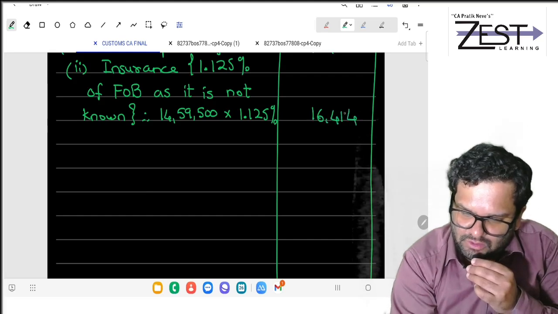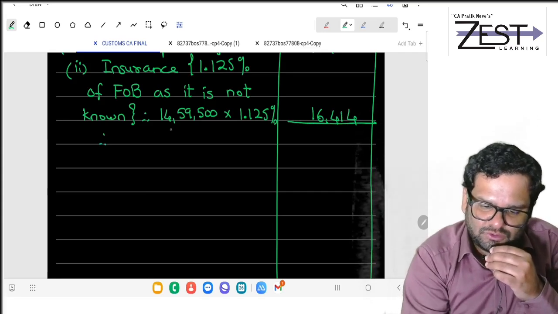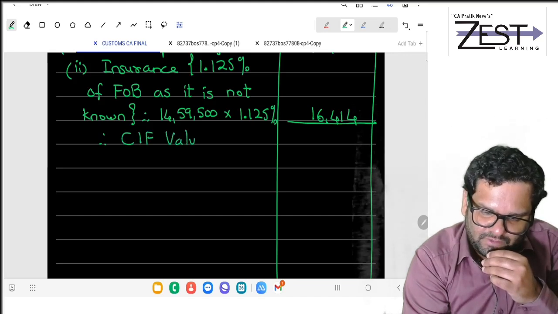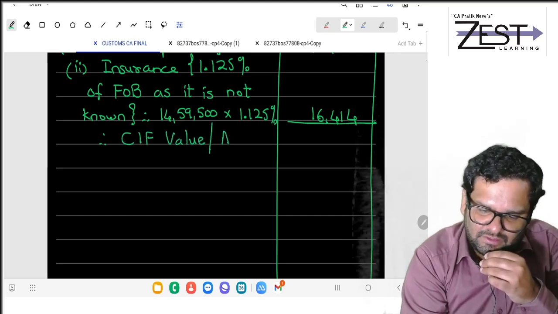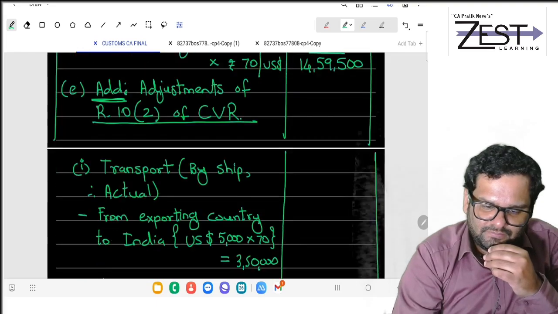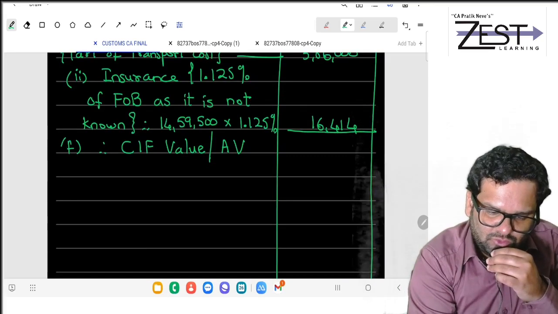Can you take the total, friends, and tell me what is therefore CIF value? CIF value itself will be assessable value, write full form if possible. This will be your F point. May I know?